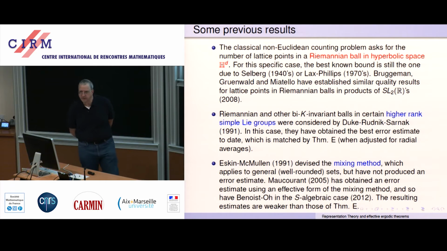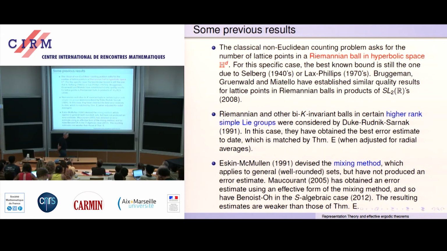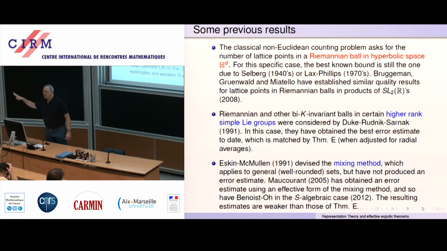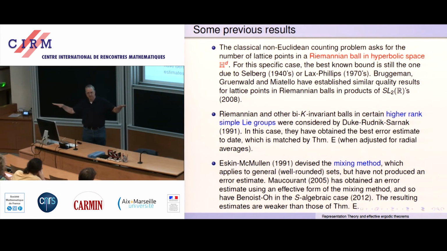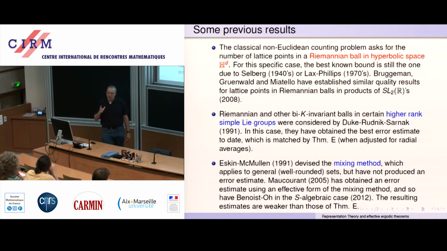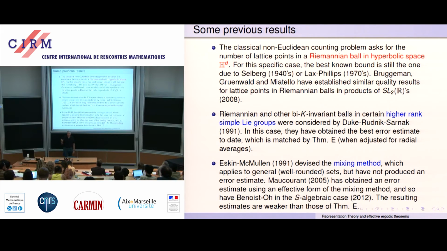And the reason for this is very simple to explain, because the spectral estimate that we have for the averaging operator on a ball is necessarily better than just a statement about mixing. It's essentially, if you like, the reason why the L2 norm on a probability space of a function is less than or equal to, well, usually strictly less than the L infinity norm.